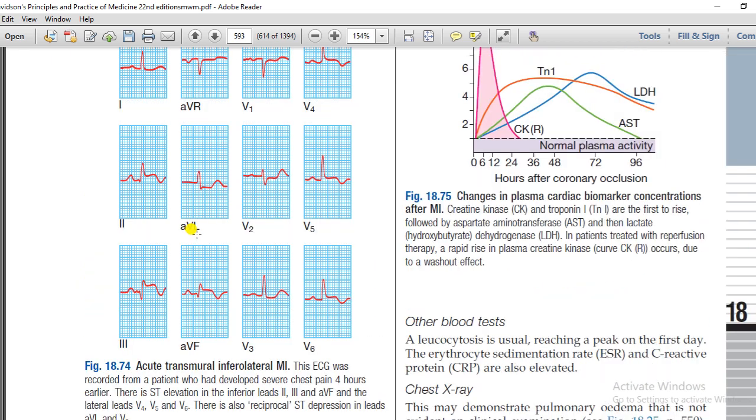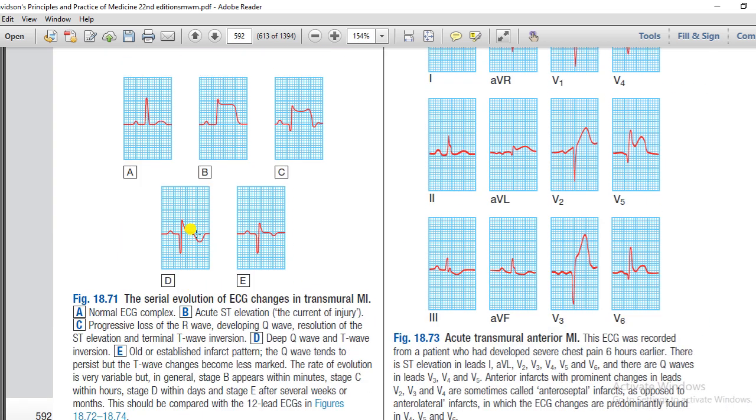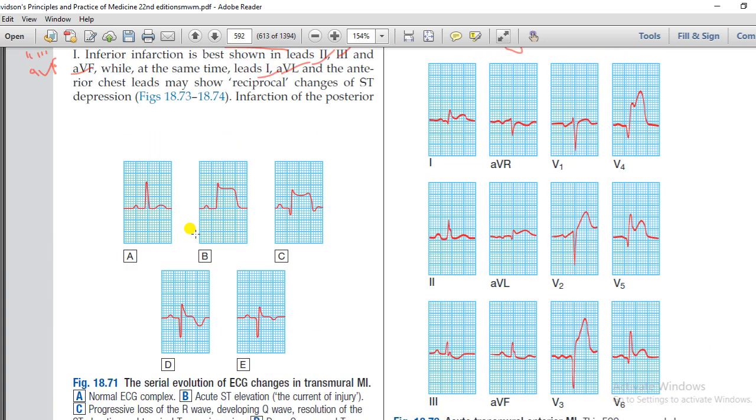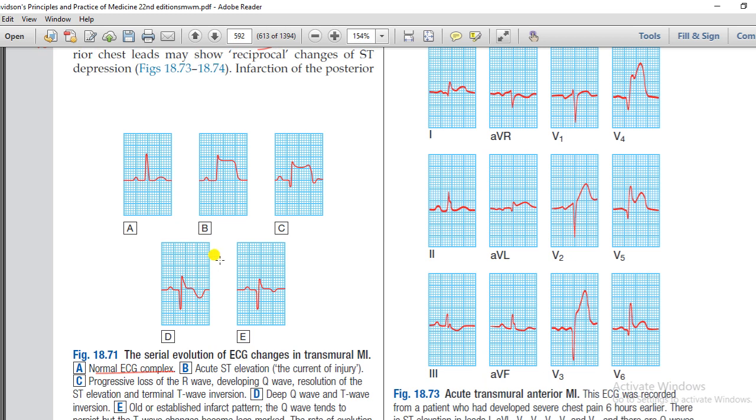Okay, now let's see the figure. I think this is a normal ECG. Yes, a normal ECG complex, and this one right here has some abnormalities.